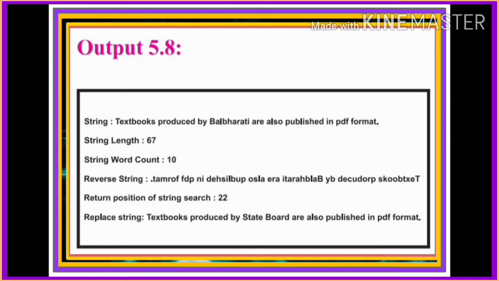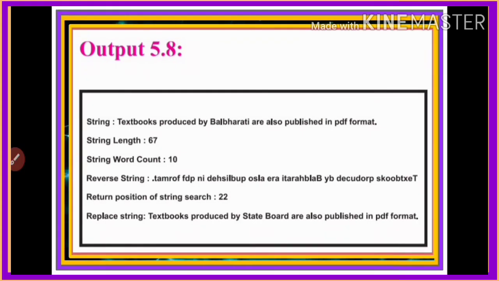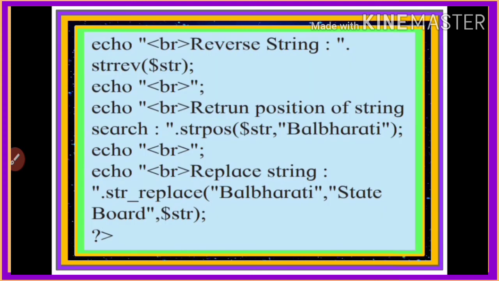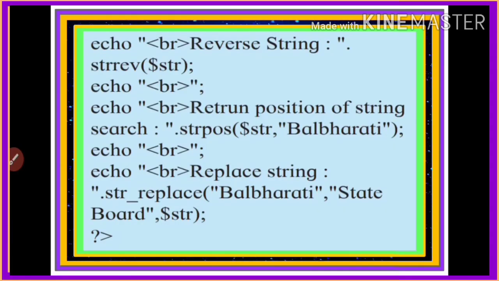And in last line of output, Balbharti string is replaced by state board string. So the output of last line we are getting by using the function str underscore replace, where we are replacing Balbharti text with state board text from the string in str variable.